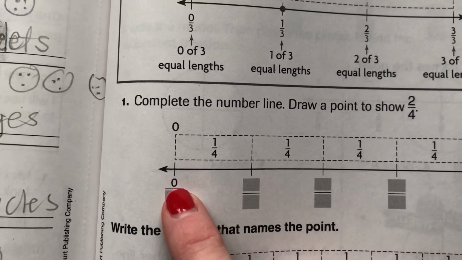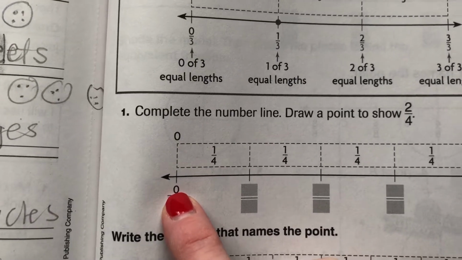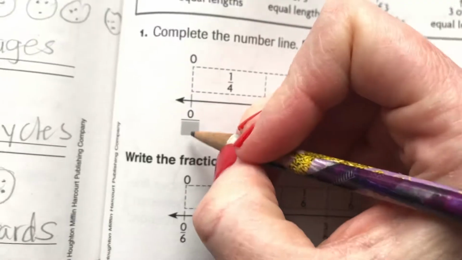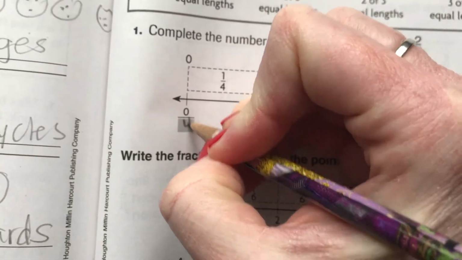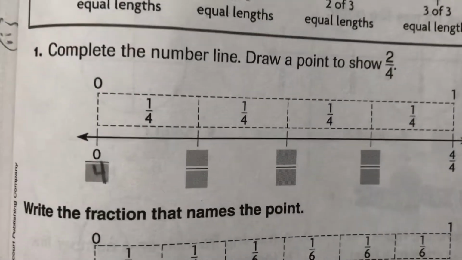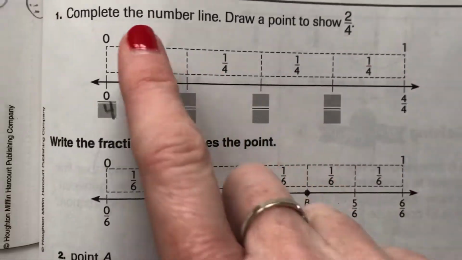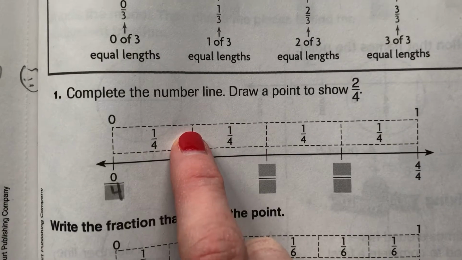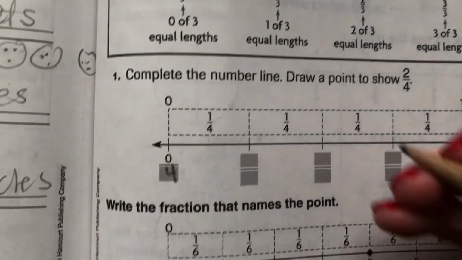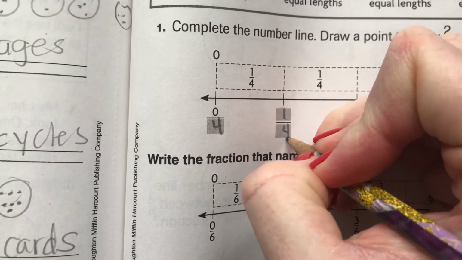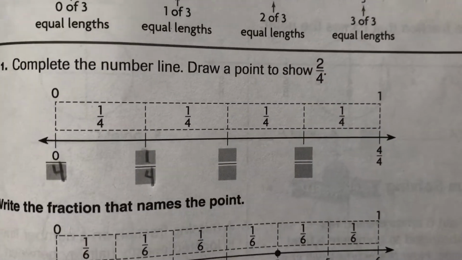When I start my number line, I'm always going to start with 0. And because I have 4 parts, this is going to be 0/4, or 0 parts of 4. Then I'm going to add my 1/4 fraction strip, and that's going to give me 1 out of the 4 that I need.